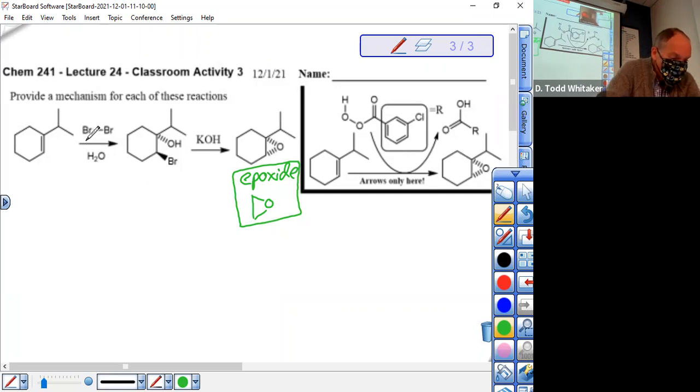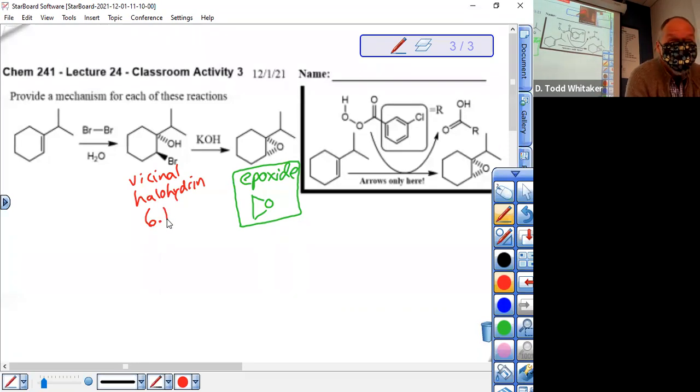Okay, so this is just vicinal halohydrin forming. Vicinal halohydrin, chapter 6, 6.1. I'm going to hazard a guess that it's D, E, F, something.